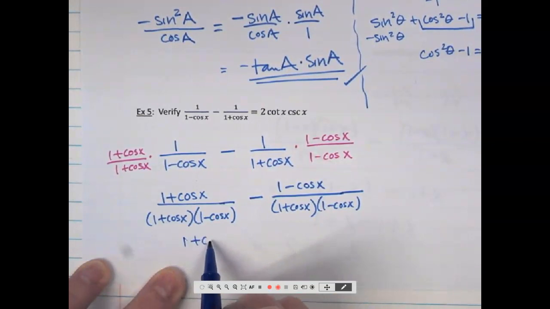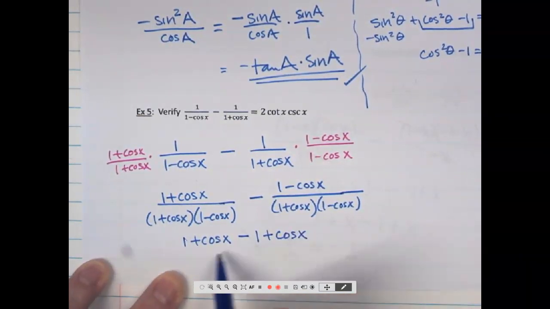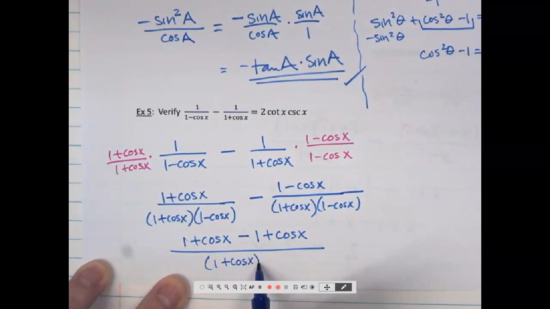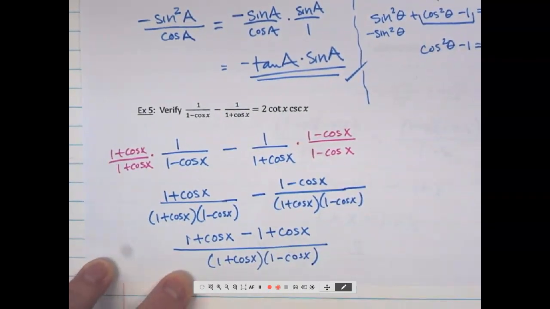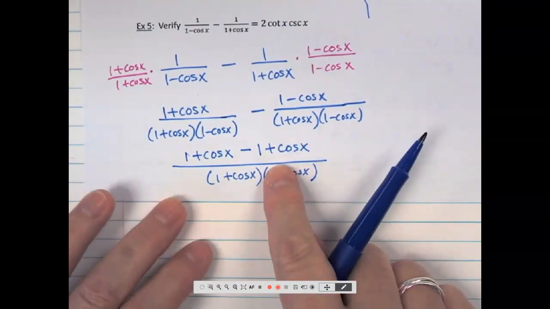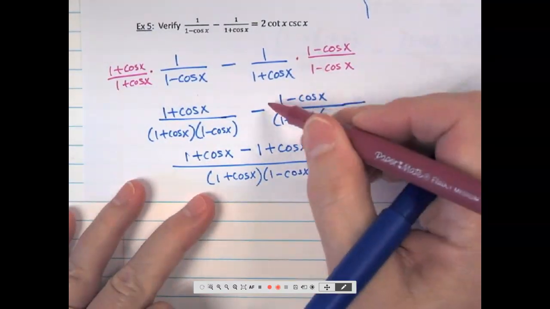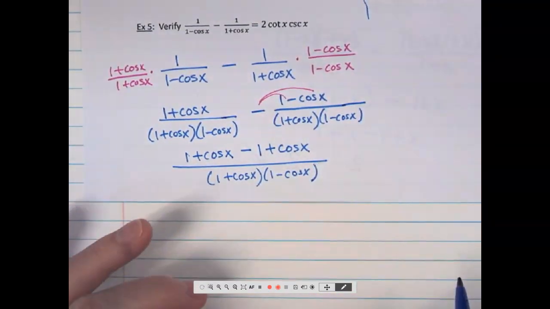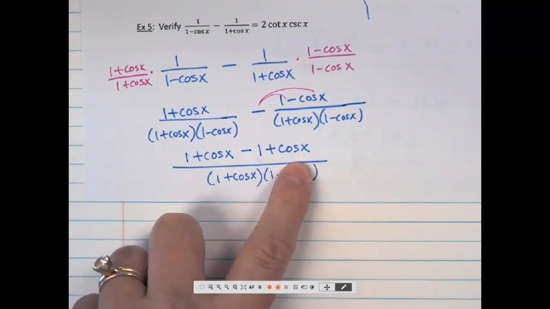So that's 1 plus cosine minus 1 plus cosine over the denominator. Do you see why it's plus cosine out here? It's basically this negative distributing to both. So that's minus 1 but plus cosine.